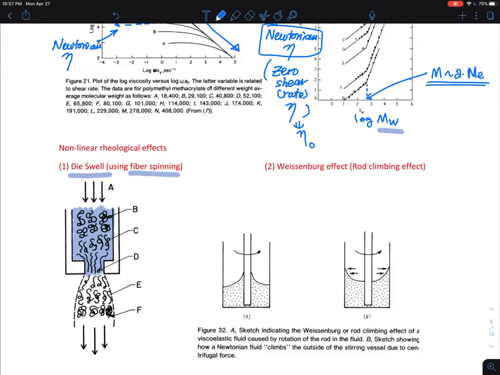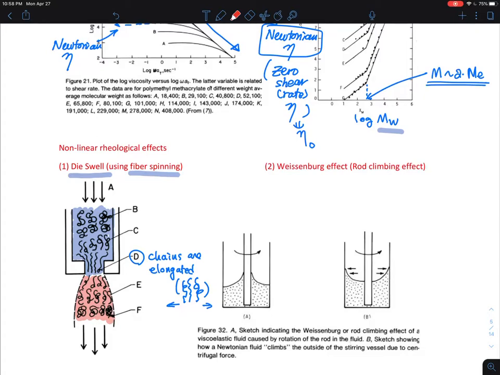So the chains are elongated, just like this, right? The chains are more elongated, and they have a force to expand the other way when those constraints through the nozzle are removed. And so that's why you are seeing this new form, where the chains are more expanded when they come out through the dies.